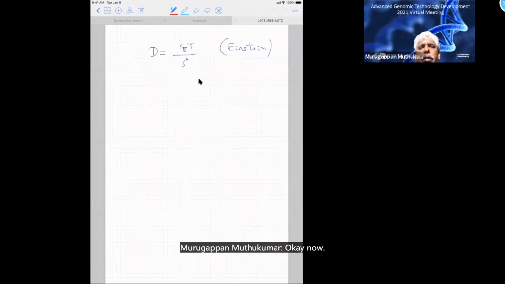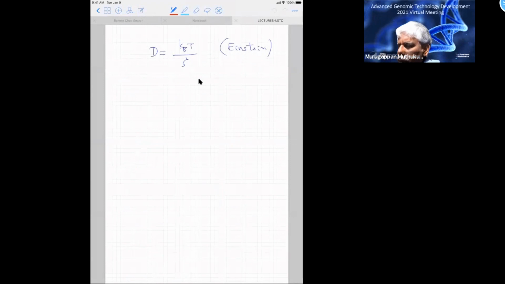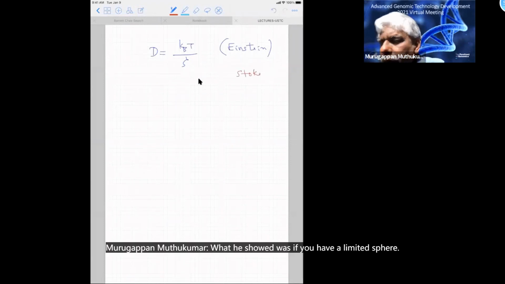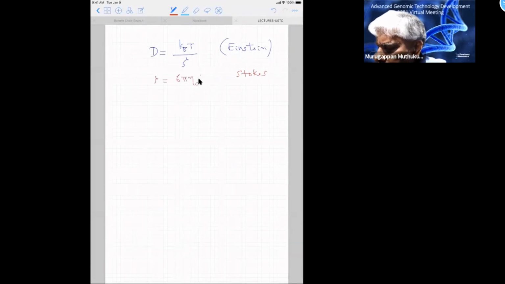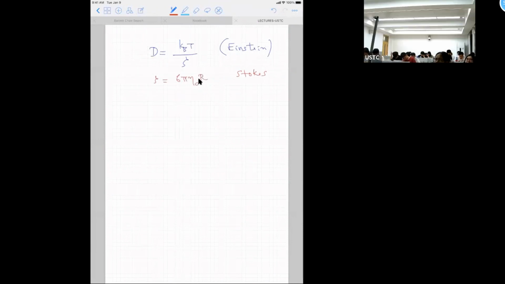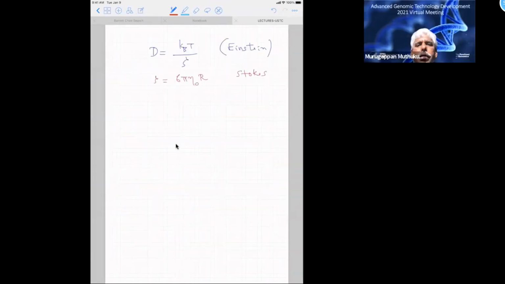Now, 50 years earlier, there was a calculation by Stokes. What he showed was, if you have a rigid sphere in a liquid, the friction coefficient is equal to 6 pi eta naught r, where r is the radius.